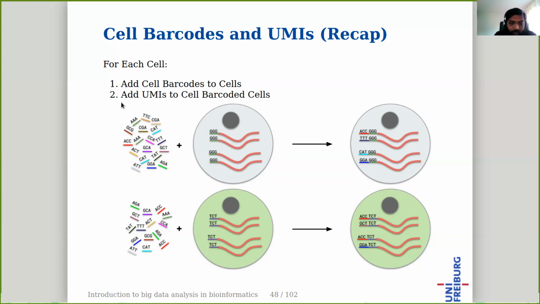Now we just throw in this same set of UMIs, and then these UMIs are attached, hopefully uniquely, to different transcripts. In the end, we can distinguish cells by the cell barcode, and we can distinguish transcripts by the UMIs.